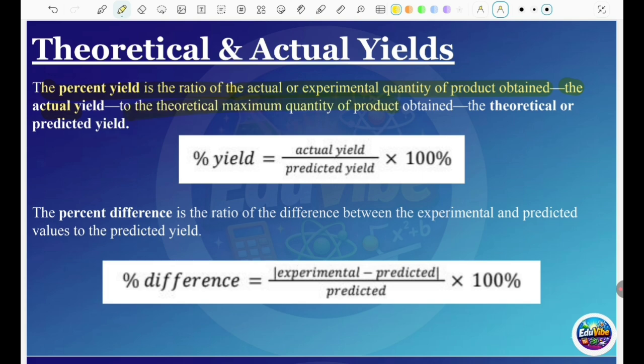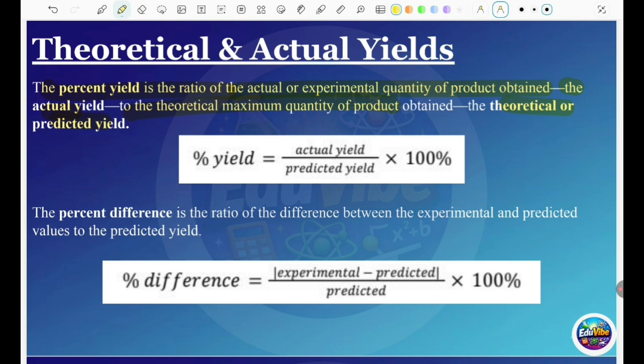The theoretical maximum quantity of the product obtained is called the theoretical or predicted yield. Theoretical and predicted yields are the same. The percent yield and the actual yield are related.